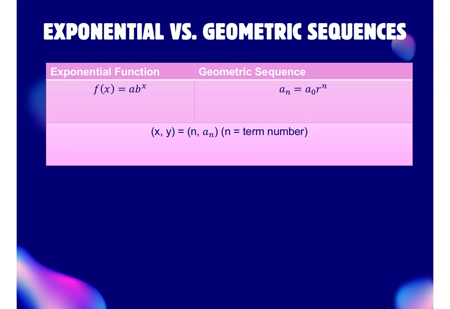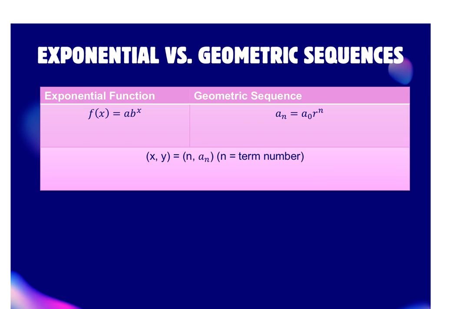Then we compare exponential and geometric. So exponential is f of x equals a times b to the x. And geometric is a sub n equals, again, notice we're back to a0, so a0 r to the n.